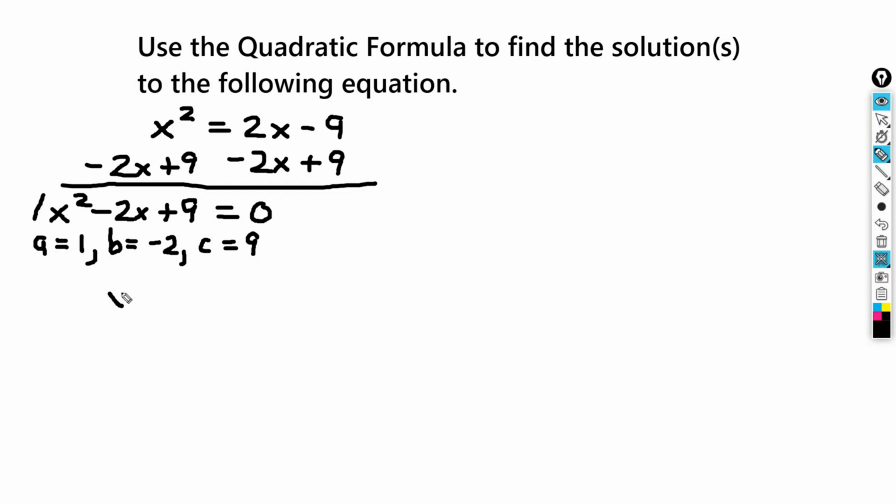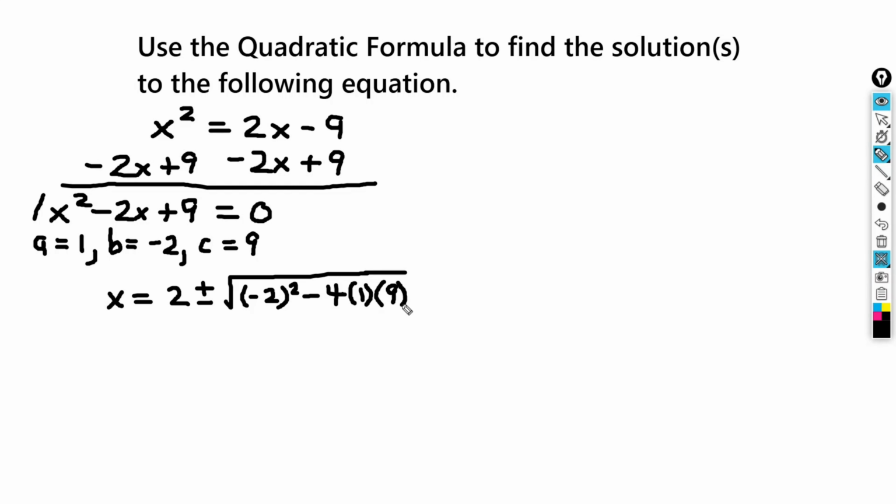So it's x equals whatever the opposite of this sign is. So negative b, which would be 2, plus or minus the square root of negative 2 squared minus 4 times 1 times 9.